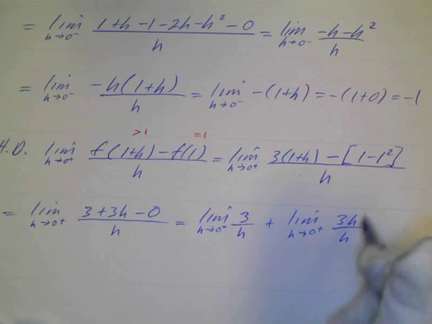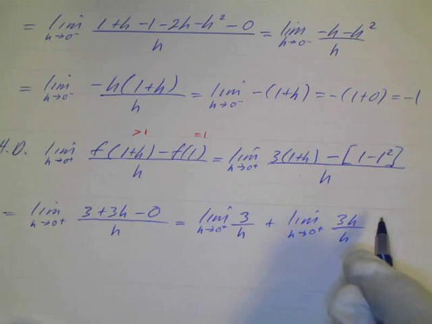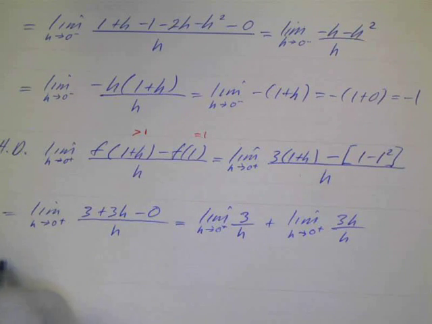Now this is just going to be 3, so that's what we were talking about when we said we would get a derivative of 3, but we're talking about this right-hand derivative, not just the derivative of the function. So this is where we have an issue.